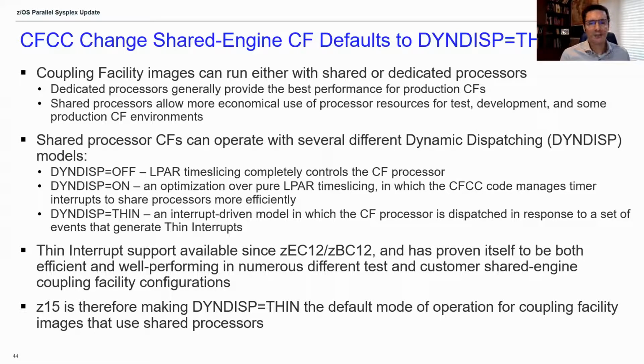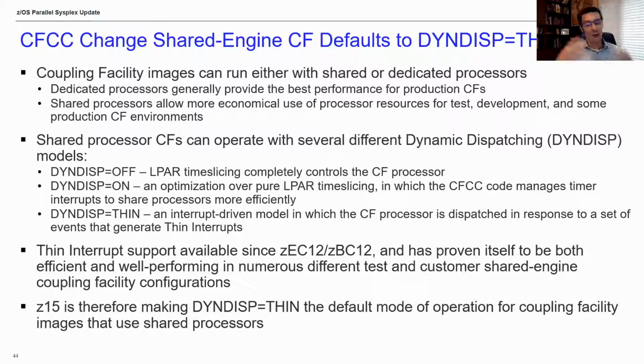However, many times for test, development, and even some production CF environments, we may use the idea of shared processors because it's more economical to do so. So if I have shared processors for my coupling facility, there are several different dynamic dispatching models out there. The default prior to the zEC12, there's only one way, and that was PR/SM and LPAR time sharing.